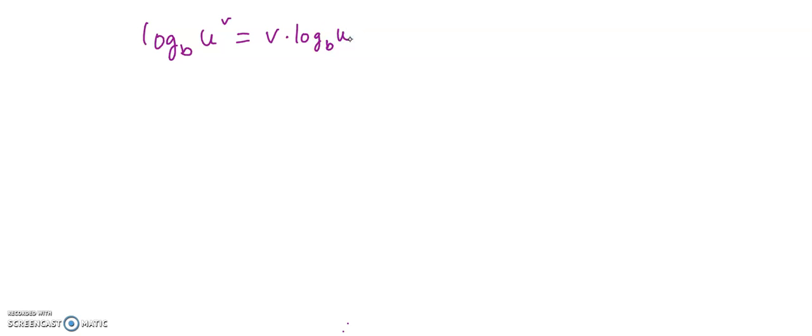Well, to prove this, again, here's what I'm going to do. I want to start off by saying, let's let log base b of u equal x, okay? Well, let's again do log base b of u again equals x.